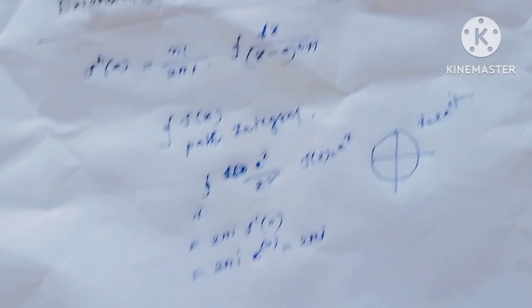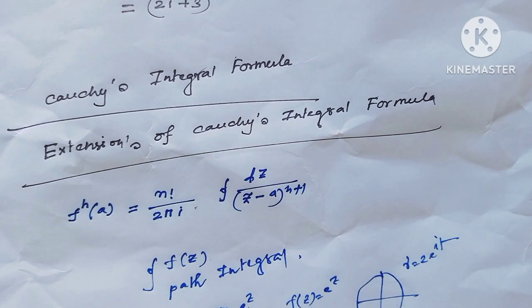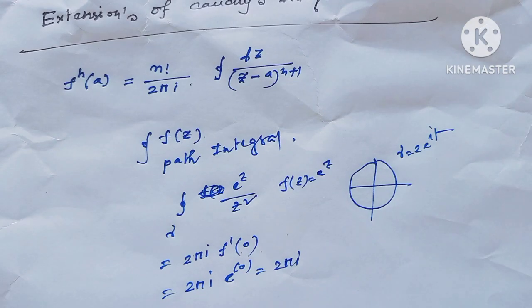That means by these two formulas we can evaluate any path integral easily. And in my previous video I had discussed many examples of this theorem, Cauchy's integral formula and extension of Cauchy's integral formula.